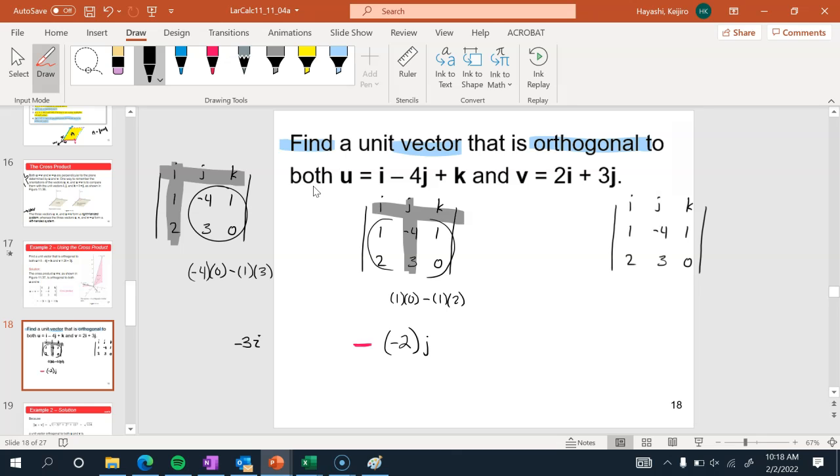Make sure to include the negative sign. That's always going to be there in front of the j term. Then last, for the k component, that's going to be 1 times 3 minus negative 4 times 2. So that's 3 plus 8. So plus 8k.